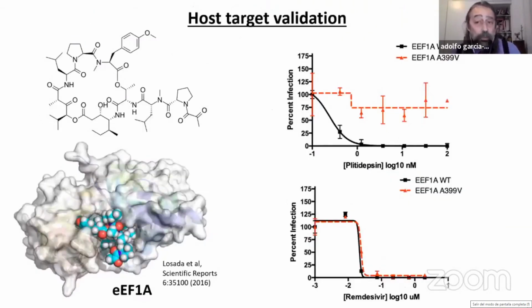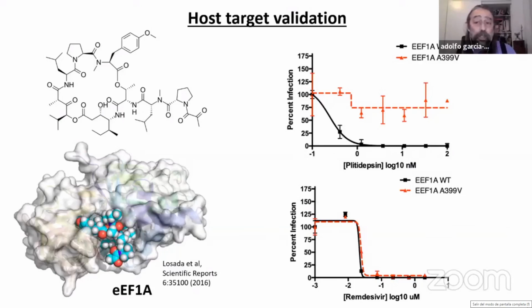Now, what we also try to do is show that plitidepsin is really working by inhibiting this factor, EEF1A. And for that, we are lucky in that it's known what area in EEF1A plitidepsin is binding to and inhibiting this factor. And not only that, because tumors also mutate very frequently, like viruses.